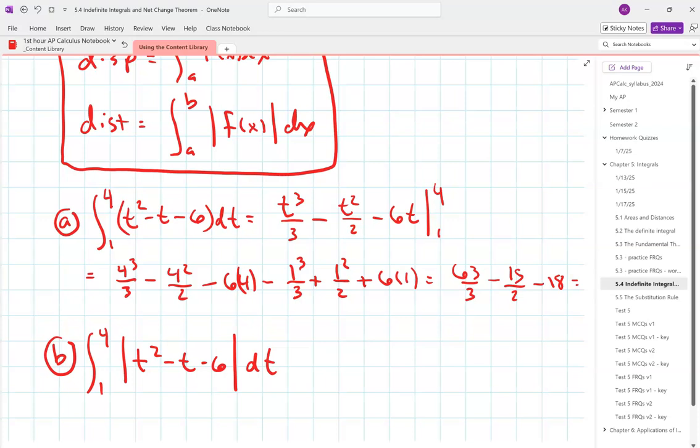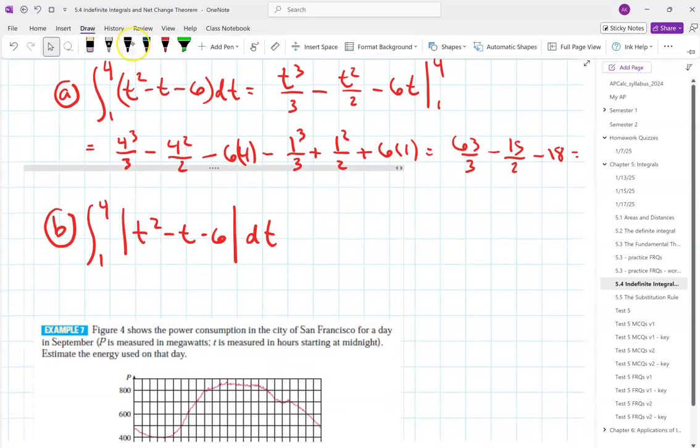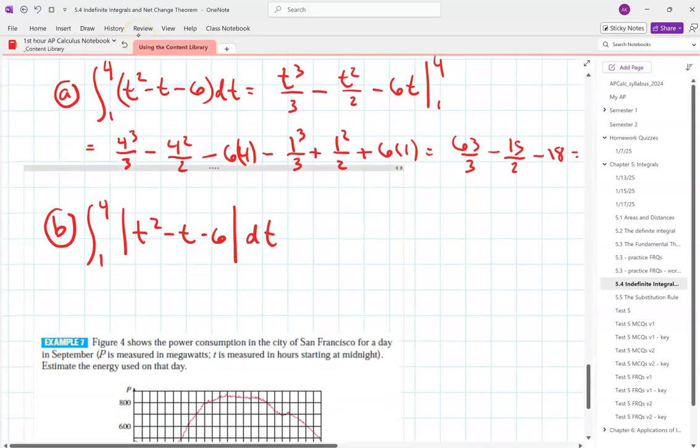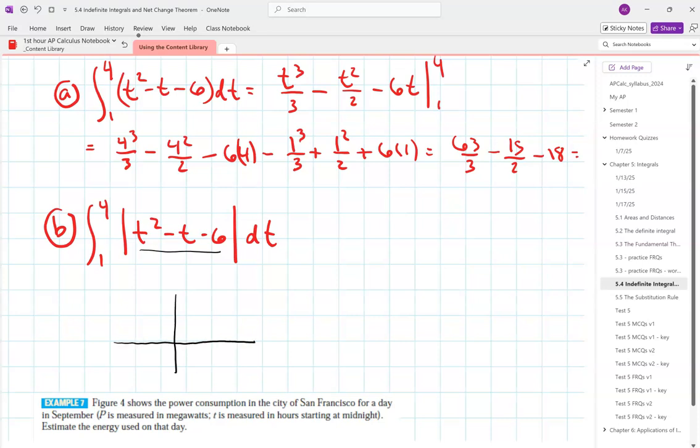So if I'm doing this by hand, obviously if I have my calculator, I could type it into my calculator and just say, calculator, do this. How do I do this without the calculator? I have to break this up, right? So I think for this one, thinking about what the graph of t squared minus t minus 6 looks like.